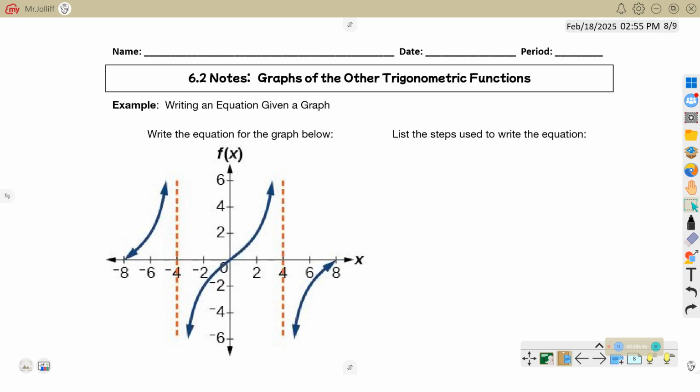So let's start with this example. We have a graph. And the first thing I want to do to write an equation is probably identify which of the 6 trig functions is the best match. So first step is match graph to a trig function.